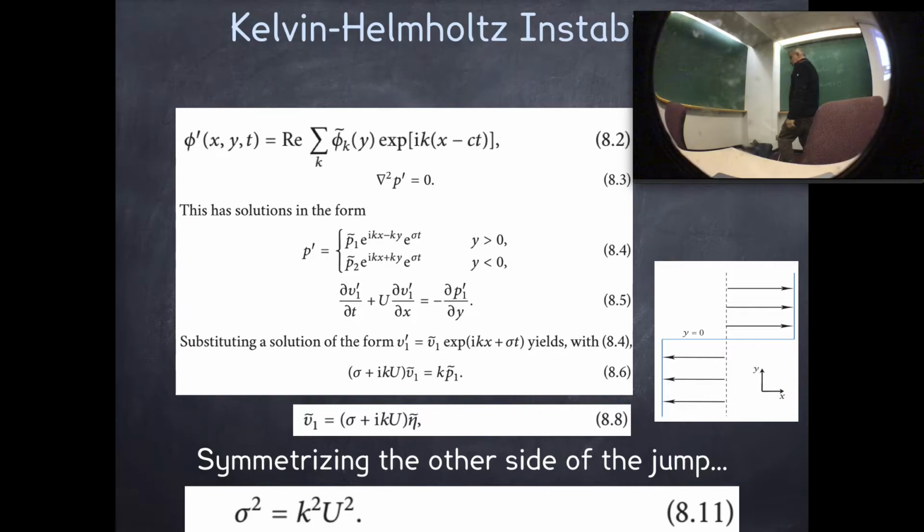And we can take the curl of that equation, so we have zeta equals something plus zeta prime. So what's the curl of this? It's 0 everywhere except for maybe at the interface, where there's something crazy. Let's leave that aside. It's going to be 0 everywhere away from the interface.